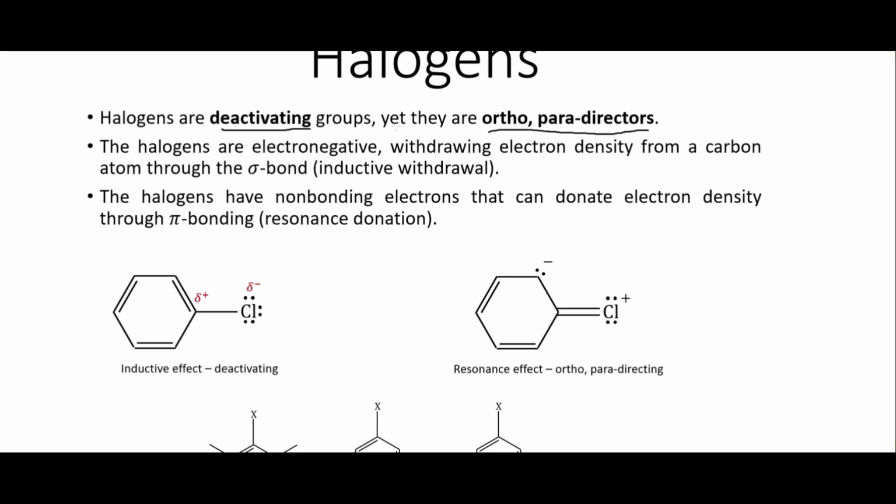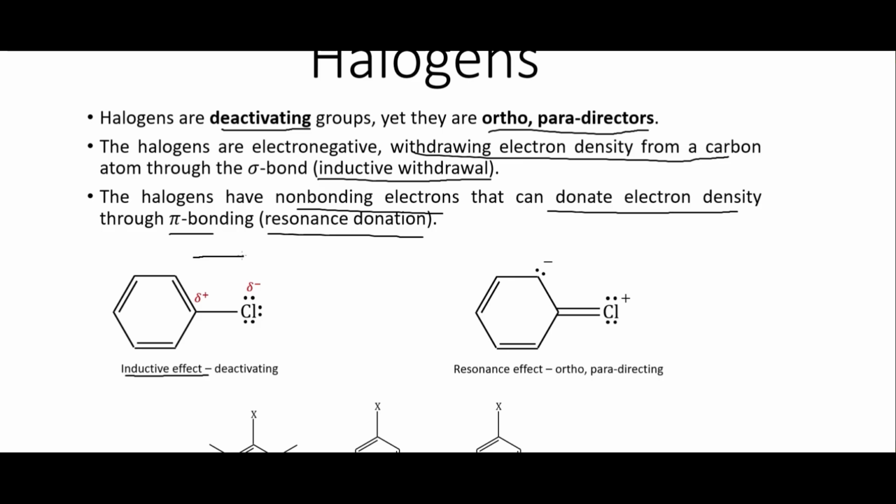The halogens are electronegative, withdrawing electron density from a carbon atom through the sigma bond. So this is that inductive withdrawal, but the halogens have non-bonding electrons, which they can donate electron density through the pi bonding. This is the resonance donation. So again, we have the inductive effect here that's deactivating. We see that this is going to make a dipole pointing this way, and so it's actually pulling electron density away from the ring.